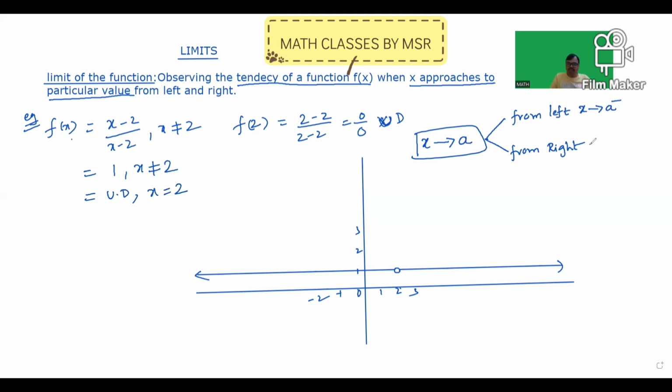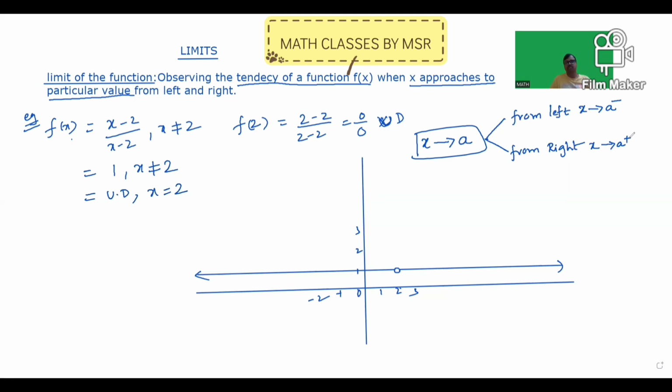Approaching a from right, we usually represent as x tends to a plus. From left, x tends to a minus. So what is the meaning of x approaching a minus, and what is the meaning of x approaching a plus? x approaches a from left, or x tends to a from left, both are the same.